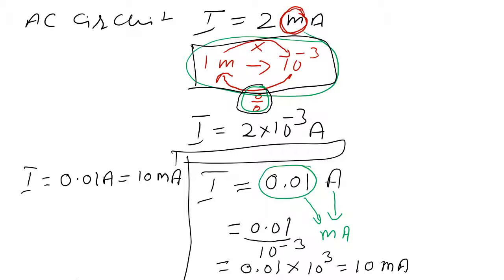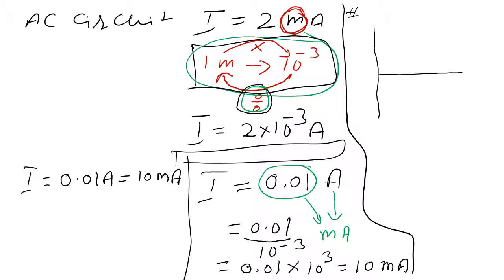Sometimes the current is given in the form of the AC current diagram. The AC current diagram is like this. Here this is the y-axis, the current axis. So here this is the current, and the current is given in microampere.